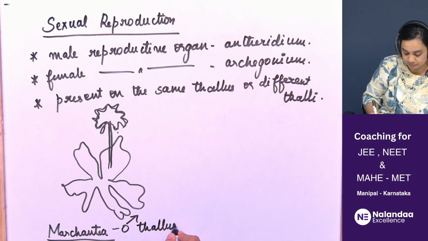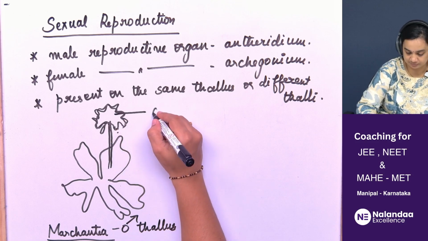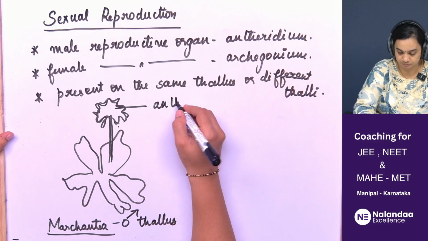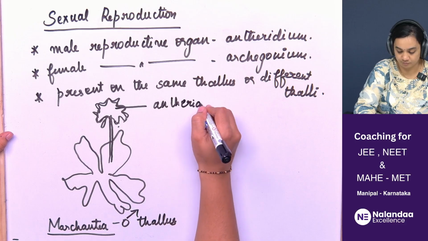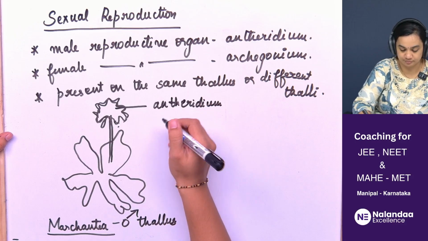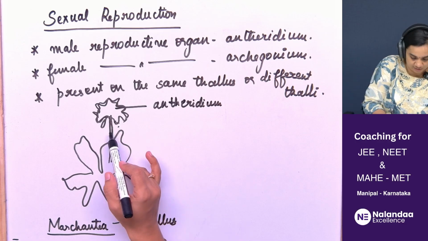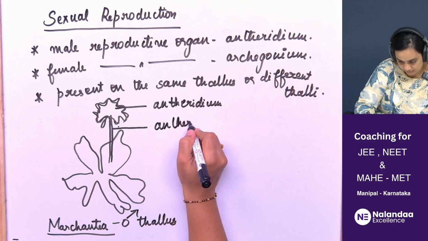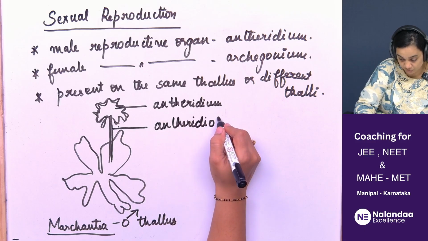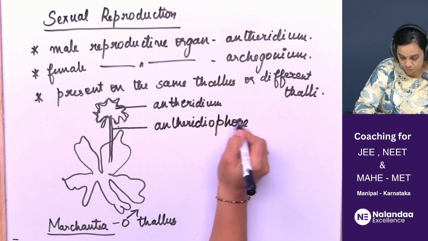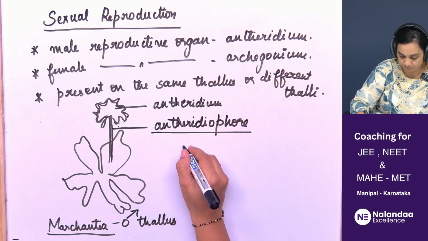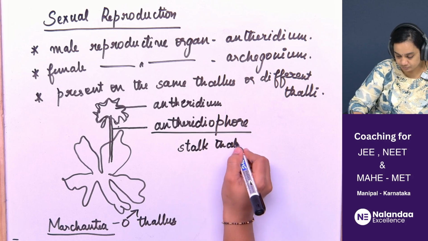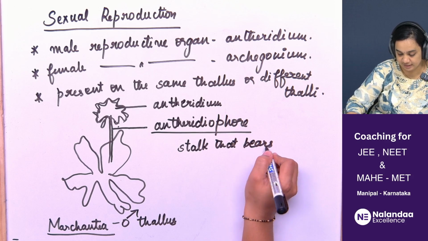In Marchantia, now the diagram is given. This is the male thallus, where this is the antheridium, and over here this part has been labeled as the antheridiophore, which means it is the stalk that bears the antheridium.